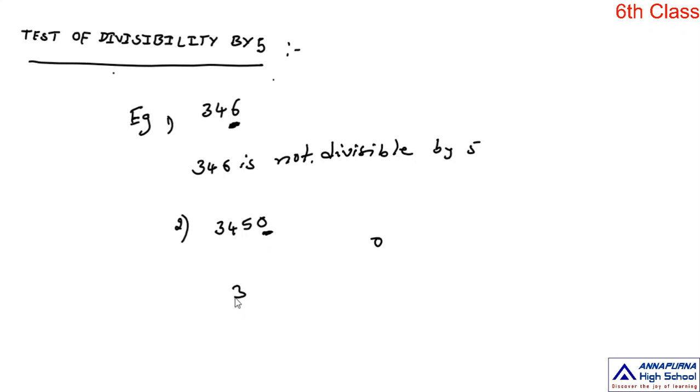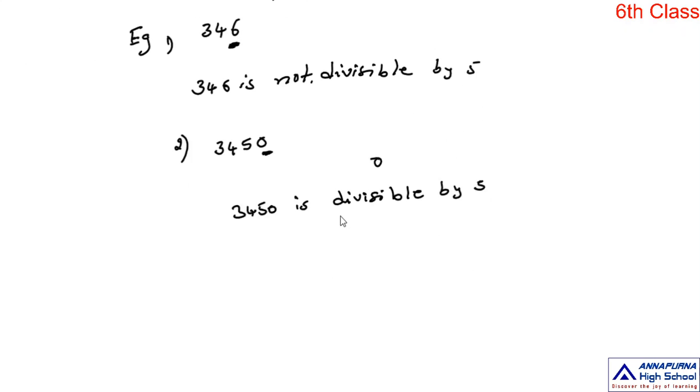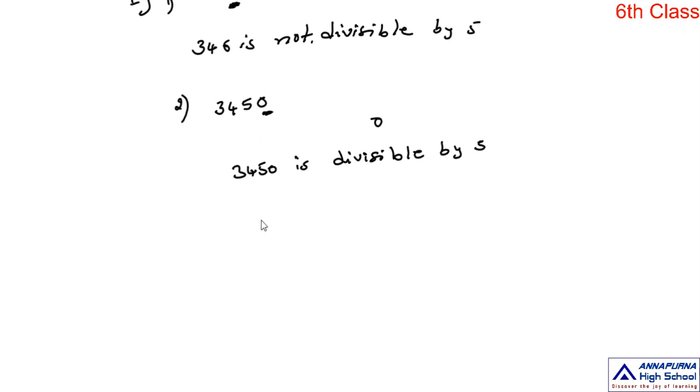That's why 3450 is divisible by 5. The given number has 0 in the units place. That's why the entire number 3450 is divisible by 5.